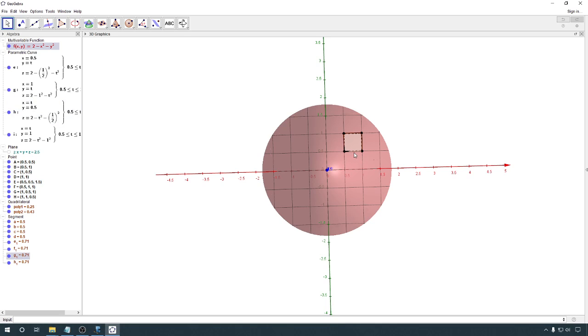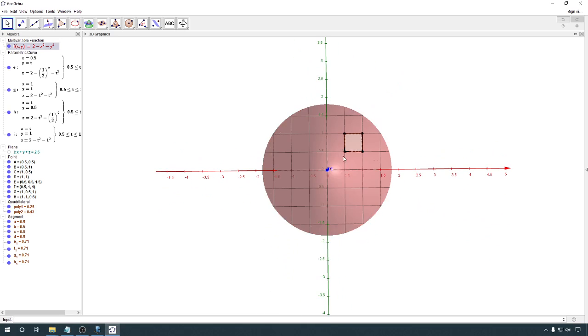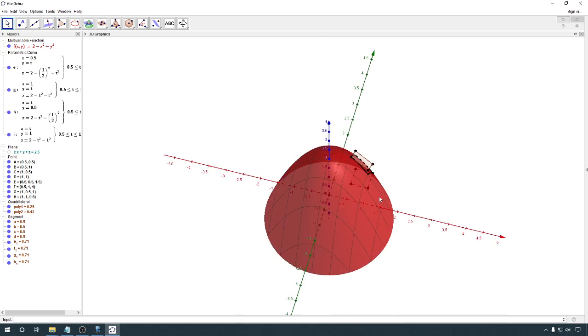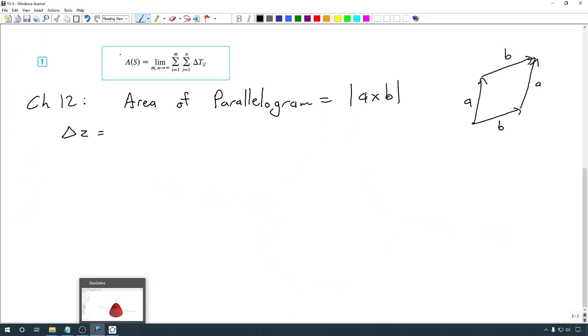We're going to call that delta x as our difference in x's. Obviously the difference in our y's is 0 because we're choosing the one that's parallel to the x-axis. And we're concerned mostly with how far down it goes. What is the change in our z value?